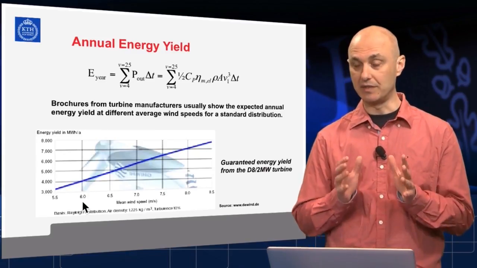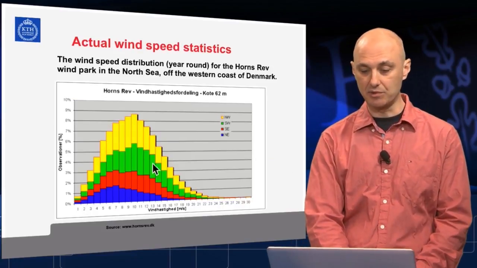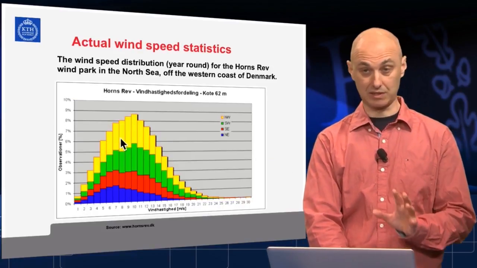Average wind speed still means that you have a distribution of different wind speeds in approximately this way.